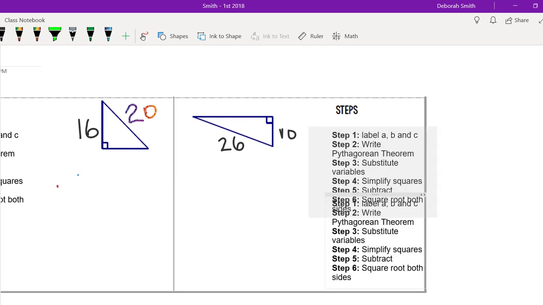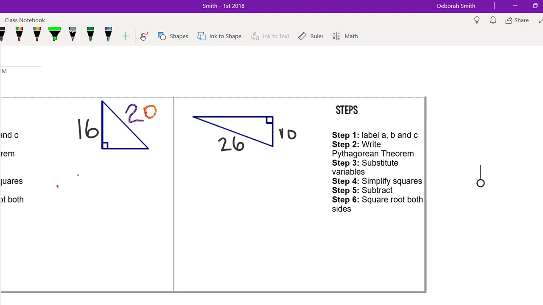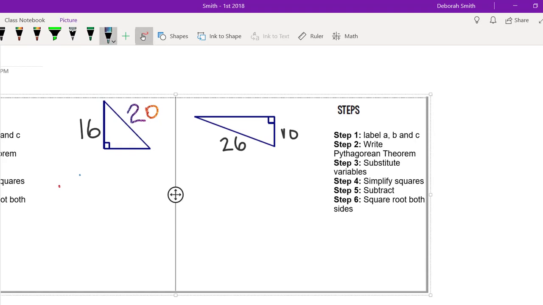Okay. So I'm going to label these A, B, and C. So the legs form the right angle, so we've got an A here and a B here, or vice versa, that doesn't matter. But the important part is that across from the right angle is the C, the hypotenuse. So C is equal to 26.